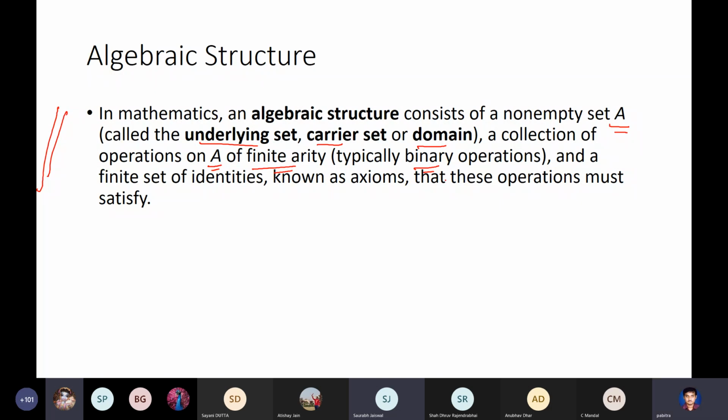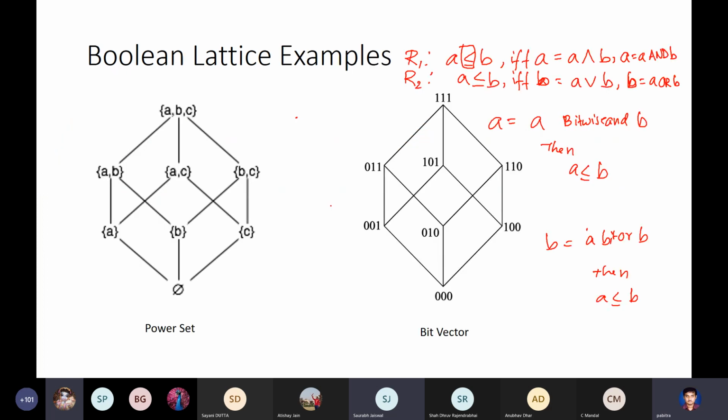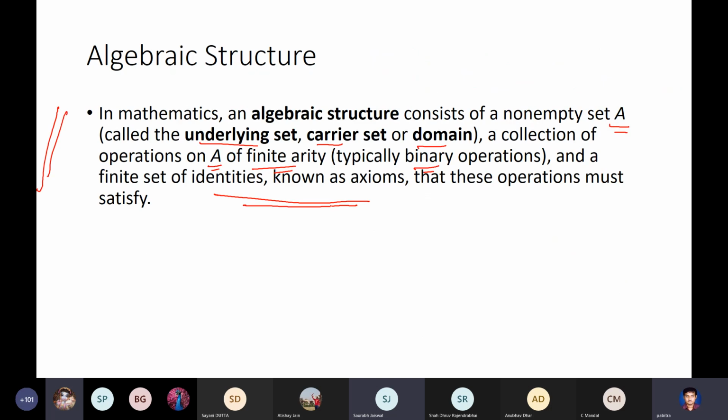And then on this set, based on these operations, you have a set of axioms which are nothing but identities, like De Morgan's law. These operations must satisfy these axioms. Whatever we have defined so far using lattice and distributive lattice, the same thing we can describe as an algebraic structure. We'll call it a Boolean algebra.